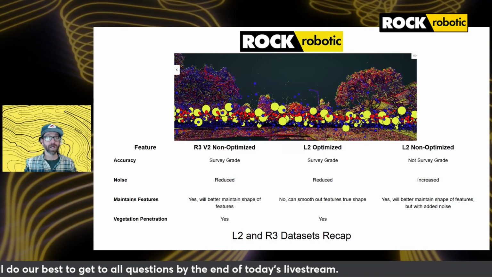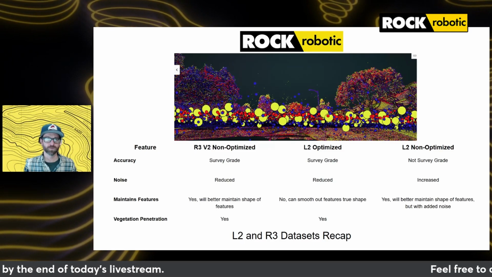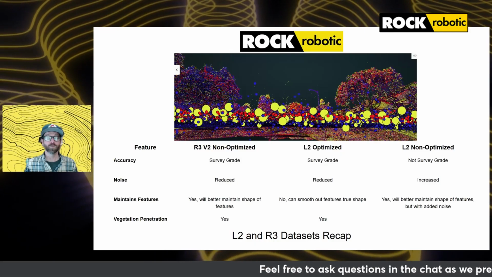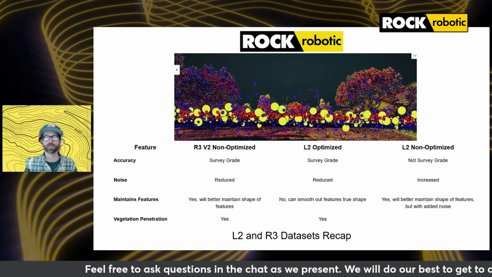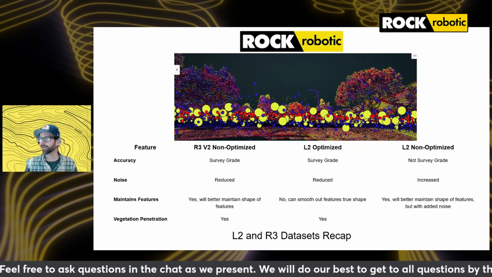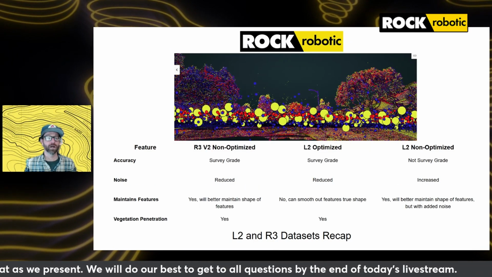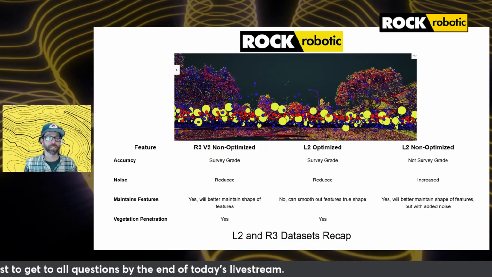When we don't optimize the L2 data, we're not reaching that survey grade accuracy threshold of 3 centimeters or less. With the noise, we see higher amounts with the non-optimized L2 data, not surprising. And with our L2 optimized and our non-optimized R3 V2 data, we do see a great reduction in that noise.